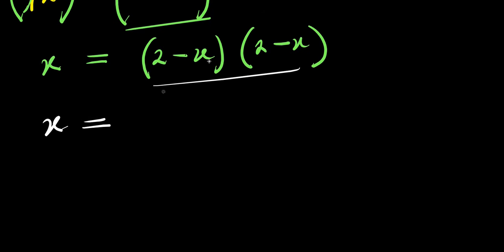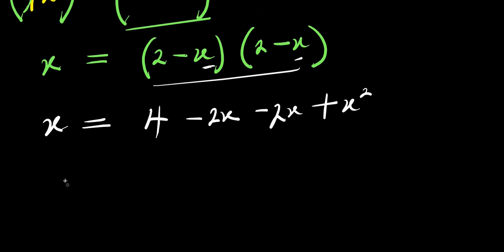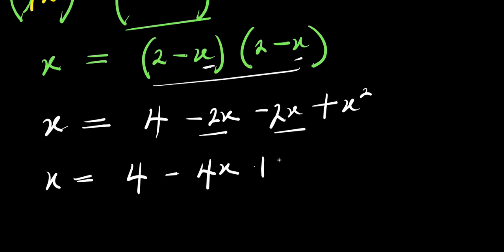I have x equals 2 times 2, that is 4, 2 times minus x, minus 2x, minus x times 2, minus 2x, minus x times minus x, plus x squared. From here, I have x equals 4 minus 2x minus 2x, minus 4x plus x squared.